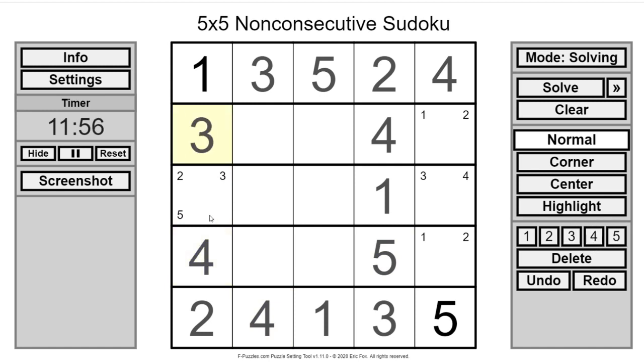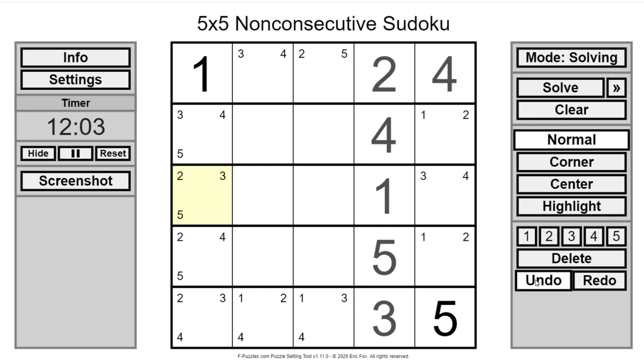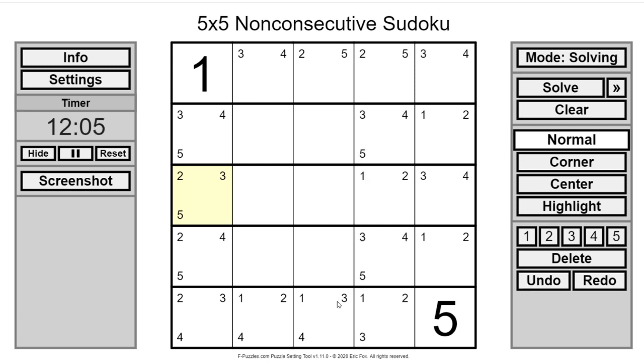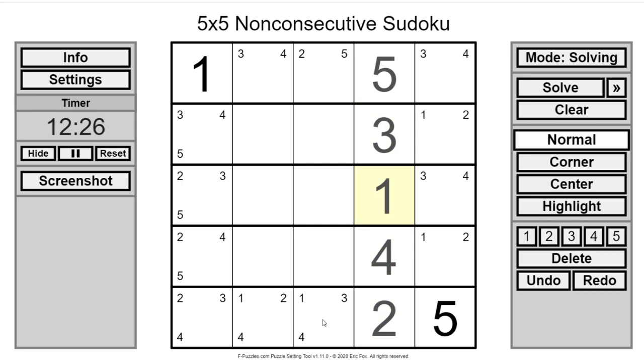Now this is a 3, and that's a 5. So this is a 1 and 2 pair. No matter how I try to solve it after that, it breaks. The 5 forces the 4 down here, which forces the 3 up here, 2 down there, 1 over here. That's a 4.